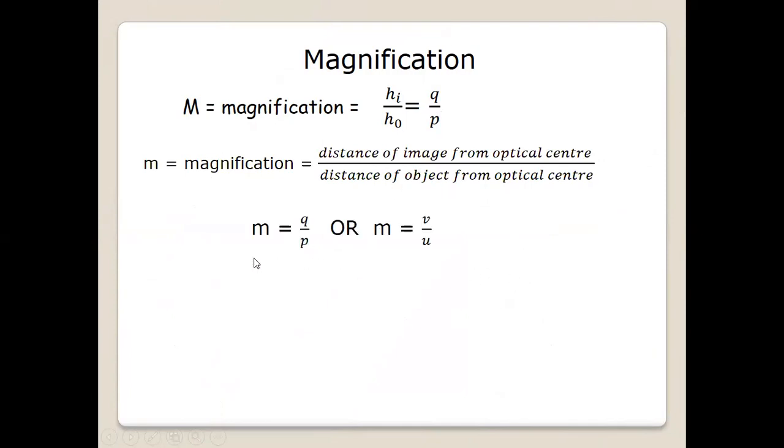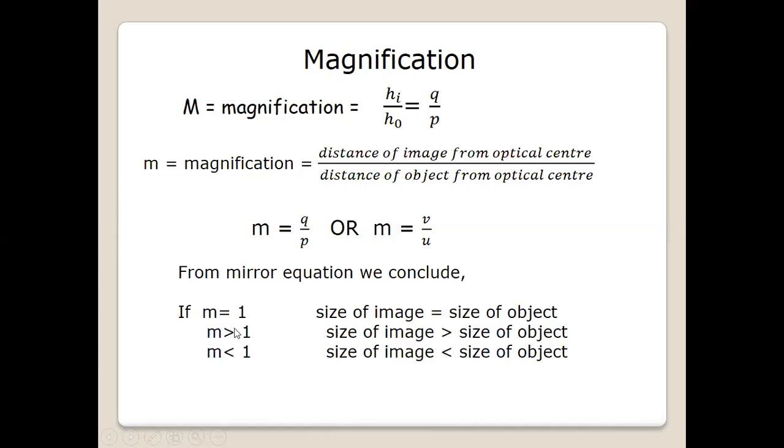Mathematically we can write m is equal to q upon p, or m is equal to v upon u. Key points to be noted: if magnification is 1, it means the size of image and the object are equal. If the magnification is greater than 1, it means the image is magnified, it is enlarged. And if m is less than 1, it means the size of image is less than the size of the object, that there is a reduction in the size of the image.